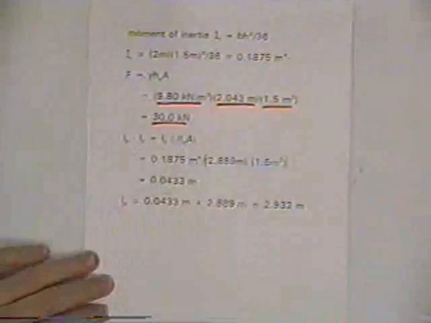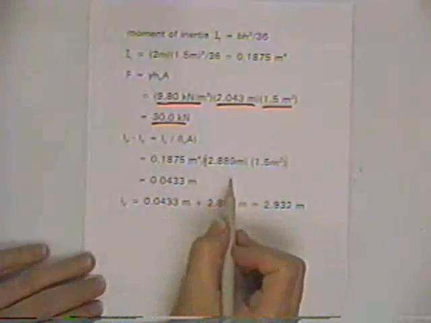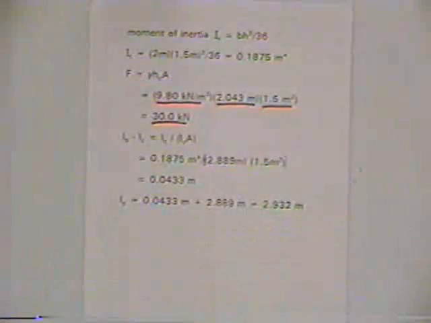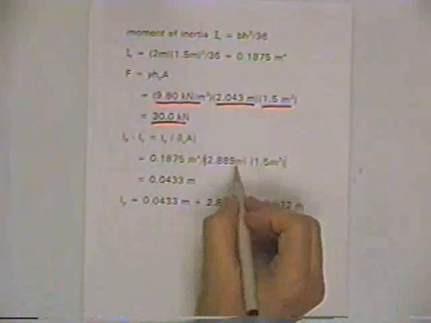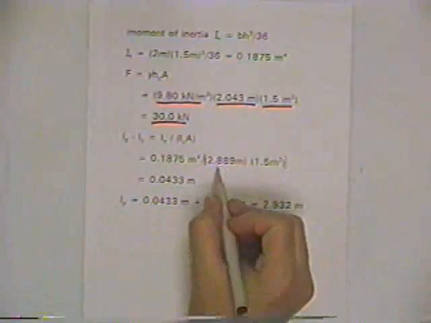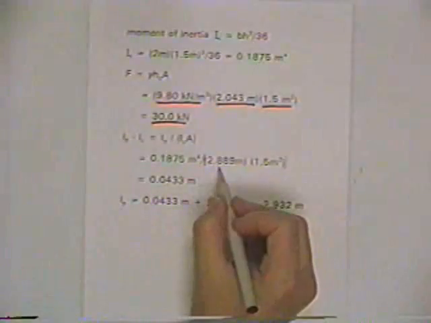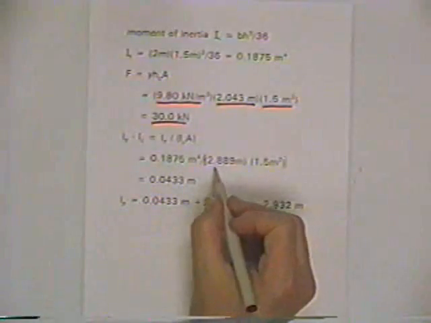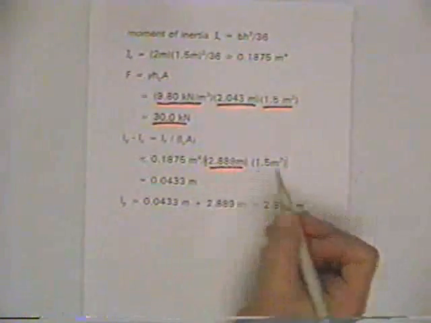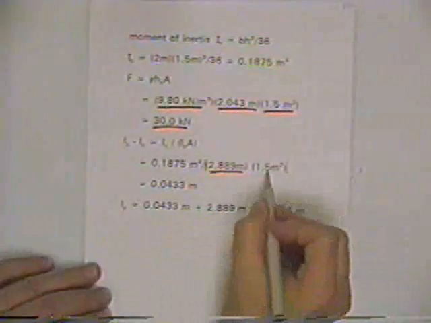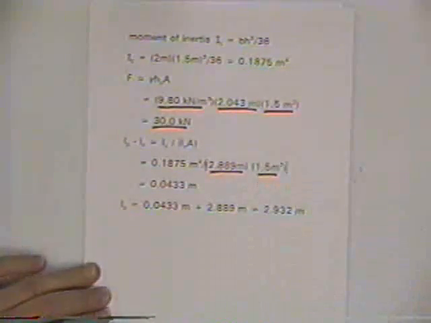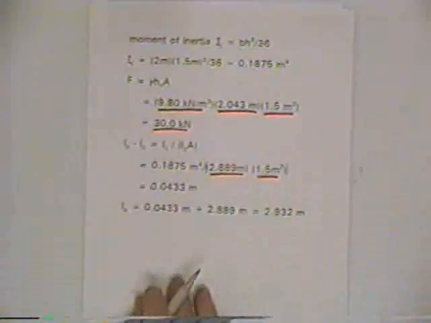And then we can use this formula that we've seen before to locate the force. We've got the distance along the incline from the water surface to the center of gravity, which we computed previously. We've got the area, which we've computed previously.